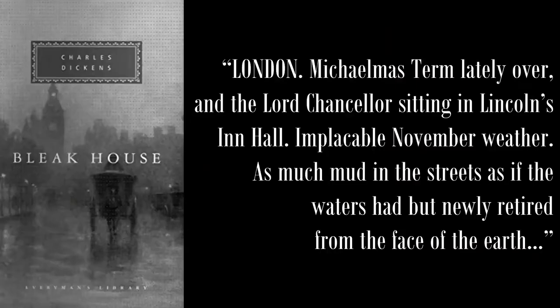London, Michaelmas term lately over, and the Lord Chancellor sitting in Lincoln's Inn Hall. Implacable November weather. As much mud in the streets as if the waters had but newly retired from the face of the earth.